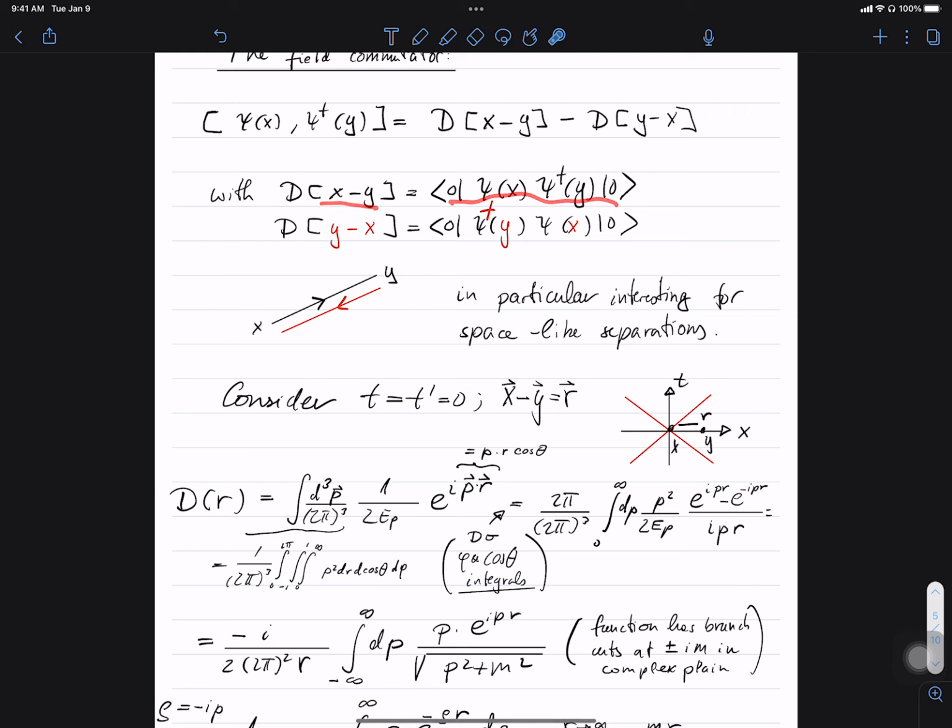To write this, it has to be written as a particle created from the vacuum at point y, and then annihilated at point x. But now, since we have particles and antiparticles in the game, we really have to make sure that there's a particle created and the particle annihilated. So mathematically, the field operators have to be related by complex conjugation and charge conjugation.